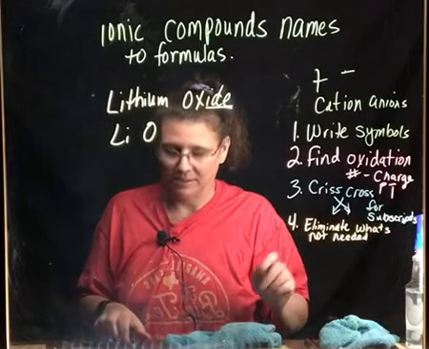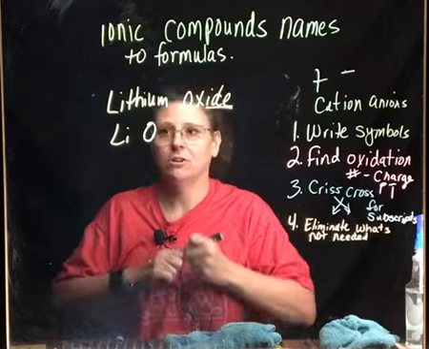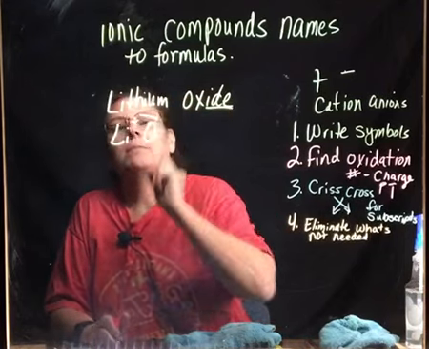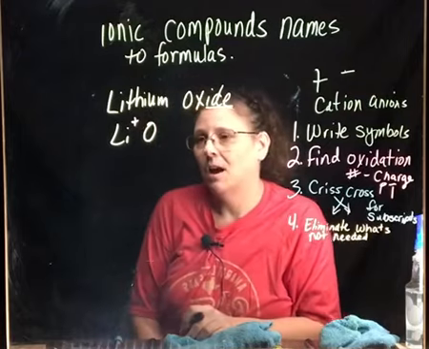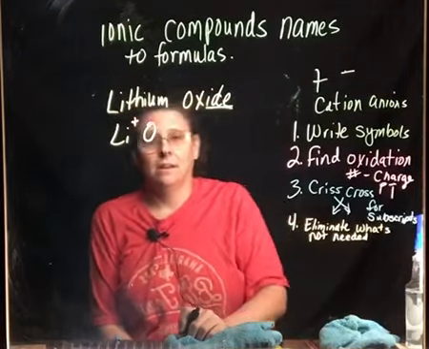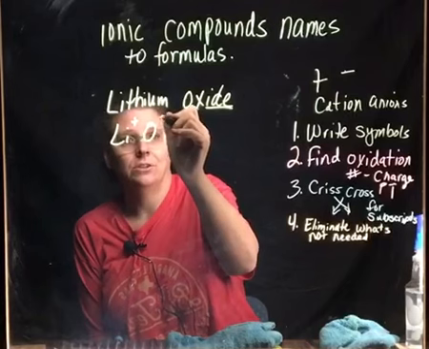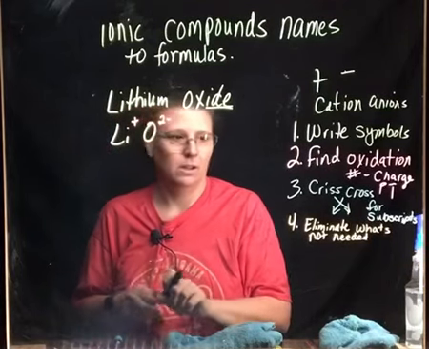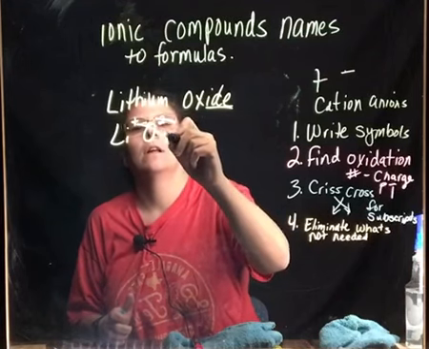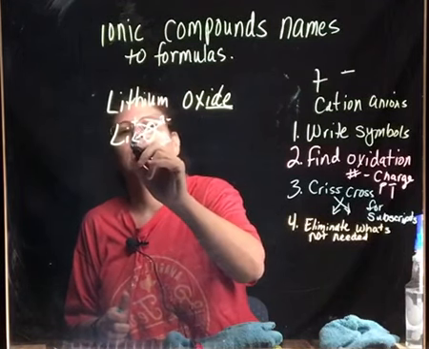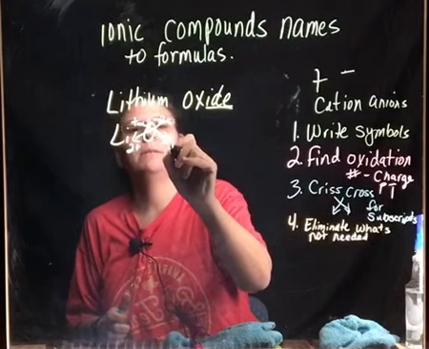Step 1, write the symbols. Step 2, find the charges. Lithium is a plus charge because it's in column 1. It's an alkali metal. Oxygen is in group 16. It has a 2 negative charge. Step 3, crisscross. So we get a 2 plus and a plus.